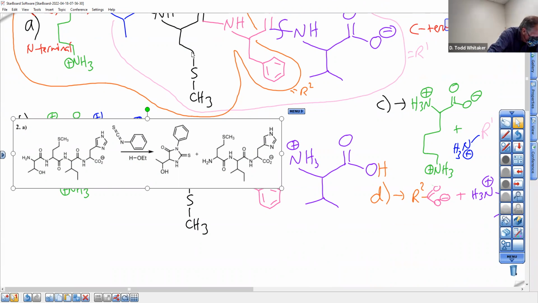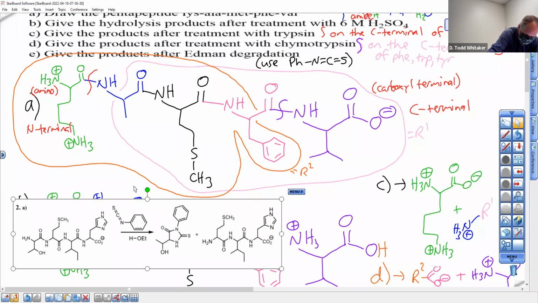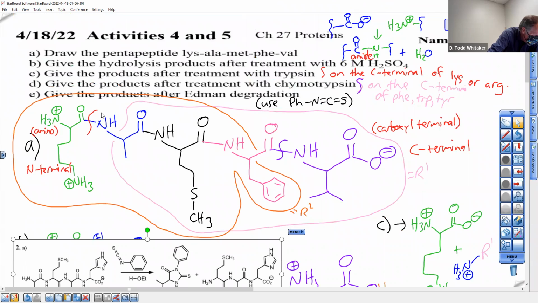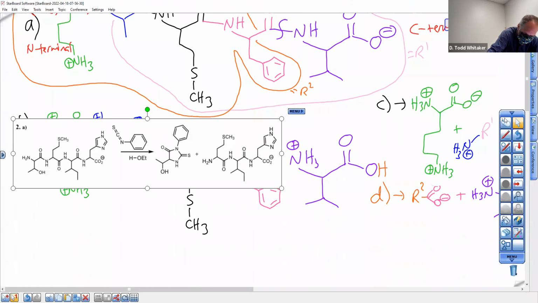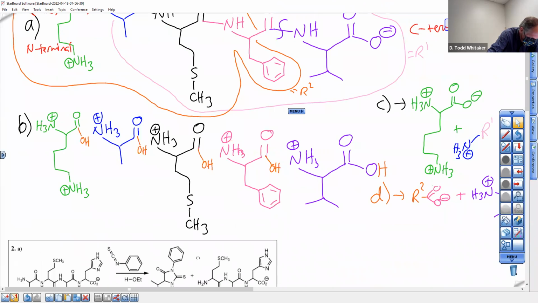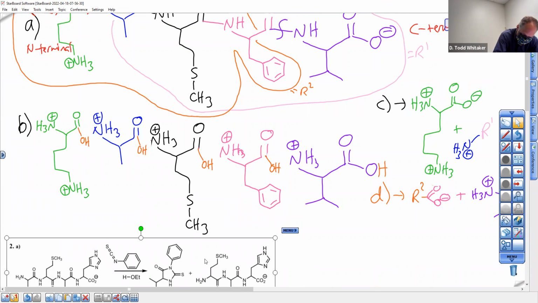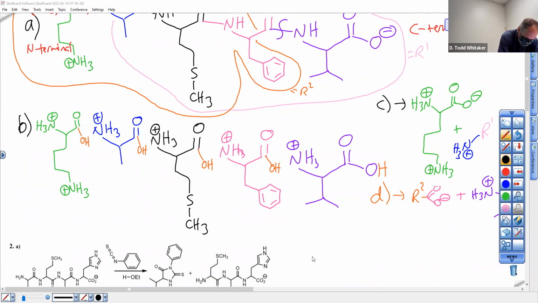I don't even know. It's E. Where'd D go? There's D. We'll put E here, with R1 in baby pink, light pink. You can go NH2 or NH3. There you go.